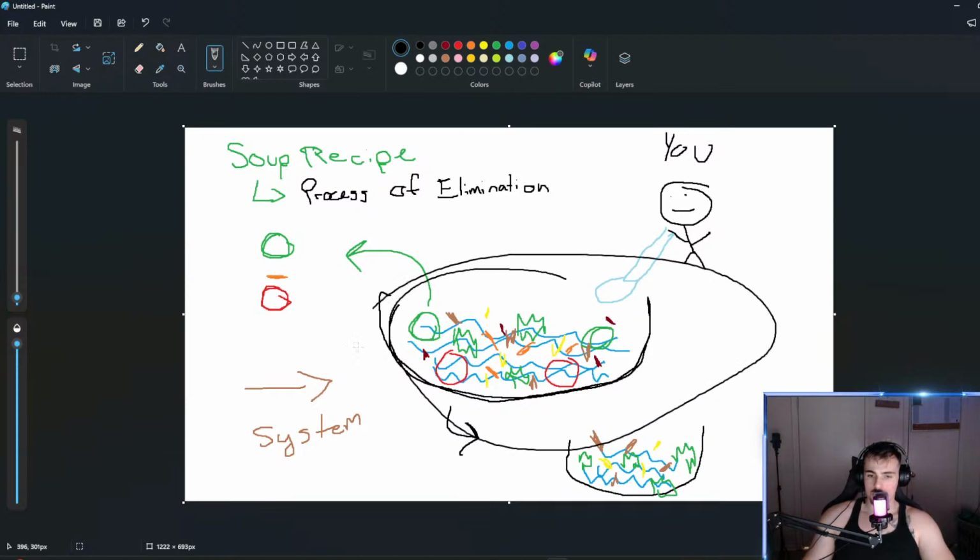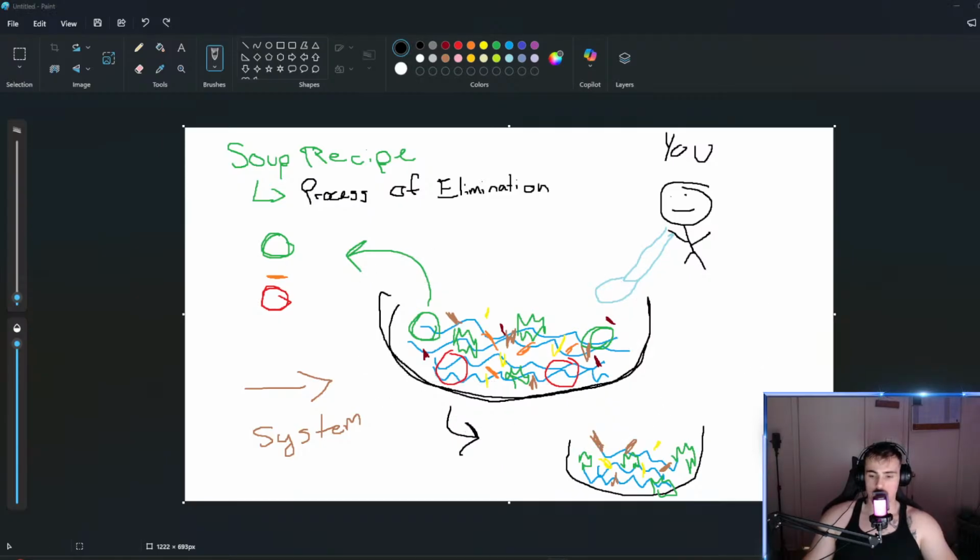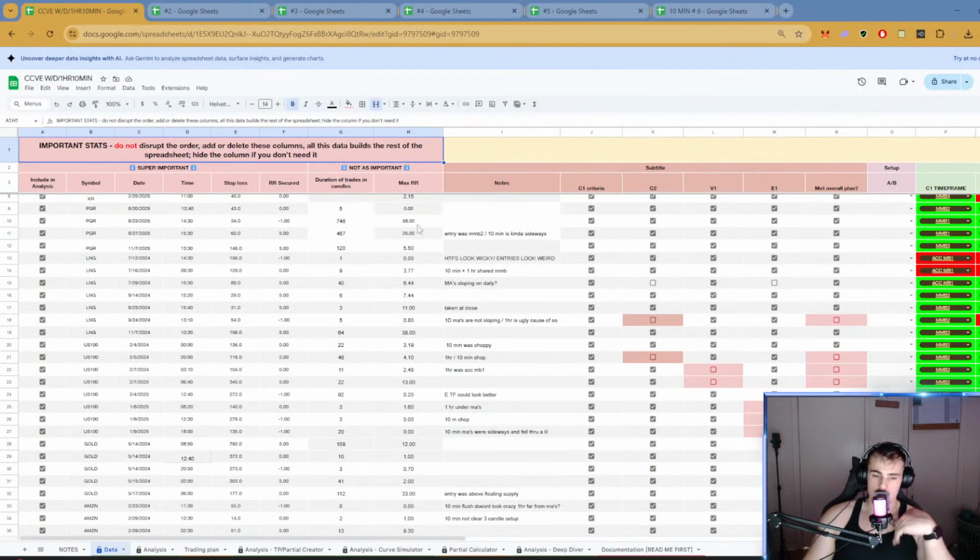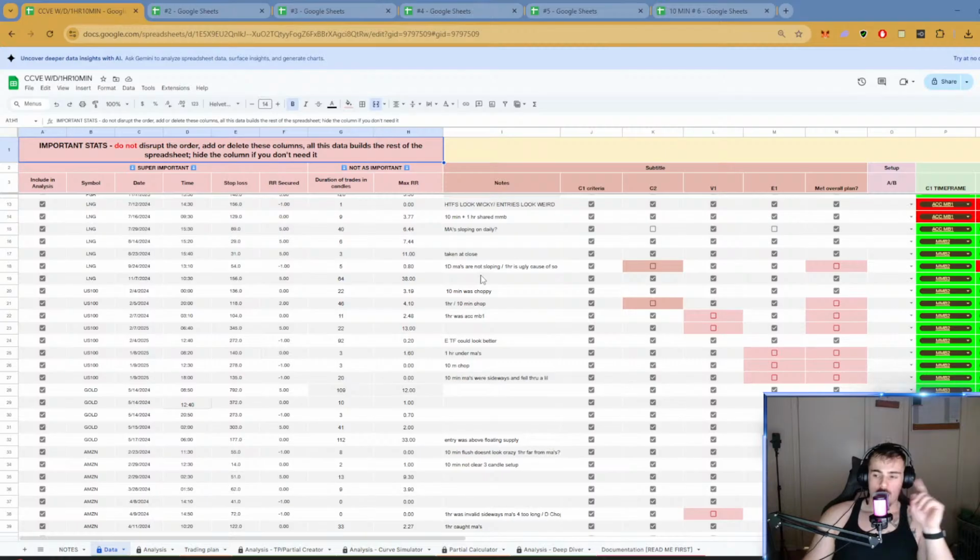So our bowl of soup in trading would be our backtesting data, right? And we have to visit or try out or research or look into this backtesting data X amount of times to find out the things we want to subtract or the things we want to add more of.